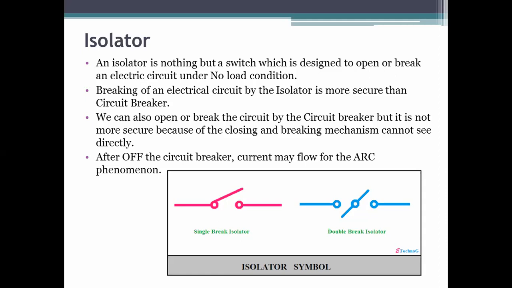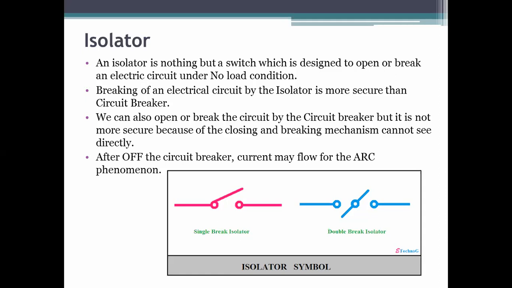And after off the circuit breaker, the current may flow for the arc phenomenon. Means even if we separate the contacts, the arc will be struck between these two contacts of the circuit breaker. That is the disadvantage of the circuit breaker.